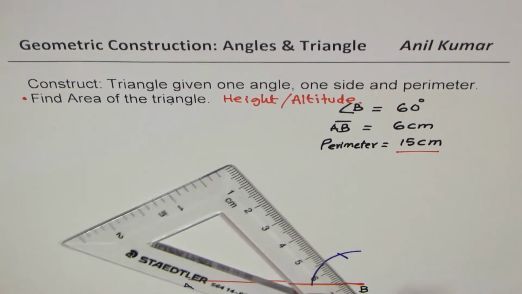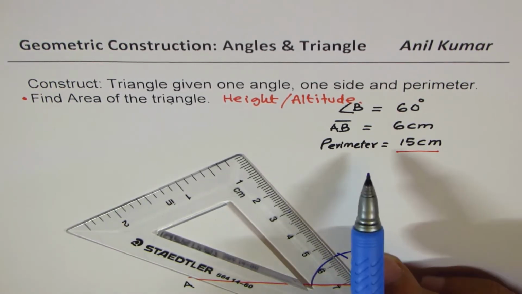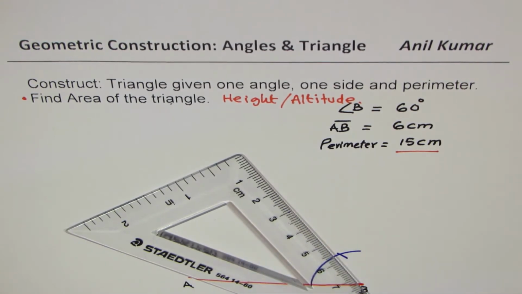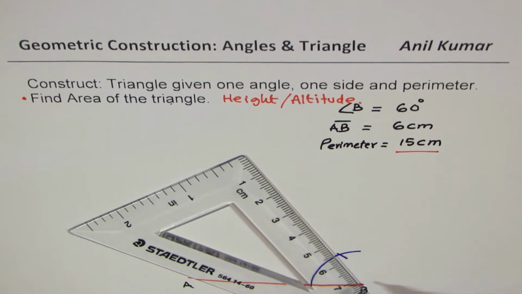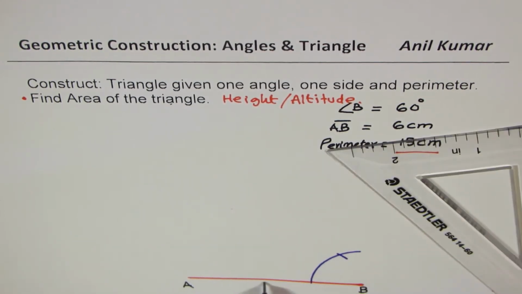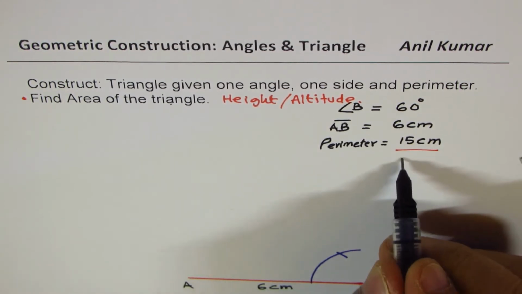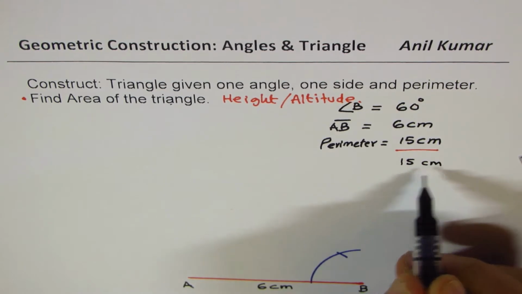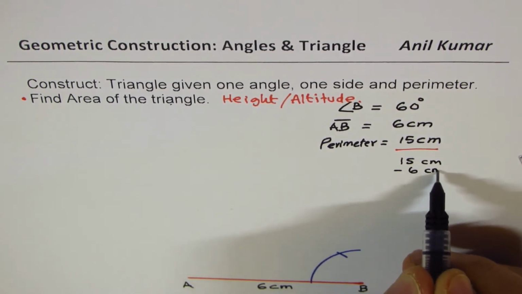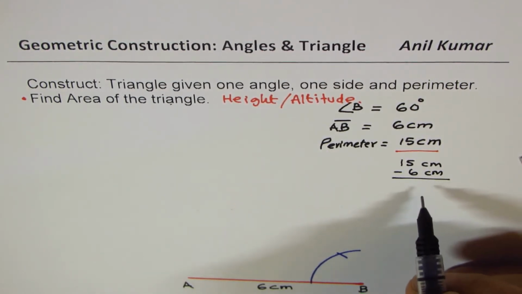Now how long should I draw this line? We are given a perimeter of 15. So what we will do here is that from B, making an angle of 60 degrees, we have already taken this as 6 centimeters. We'll draw a line which is 15 centimeters minus 6 centimeters, the remaining two side lengths, right?